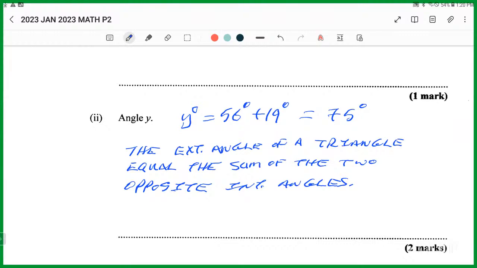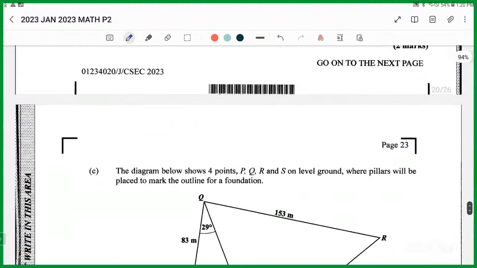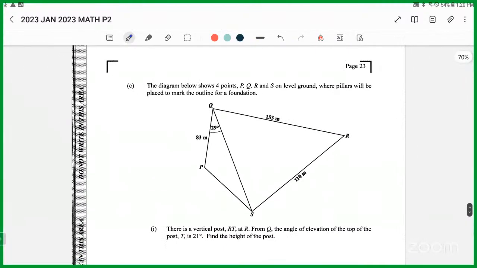All right. Let's try some more. Let's say the diagram below shows 4 points P, Q, R, and S on level ground. Pillars will be placed to mark the outline of a foundation.